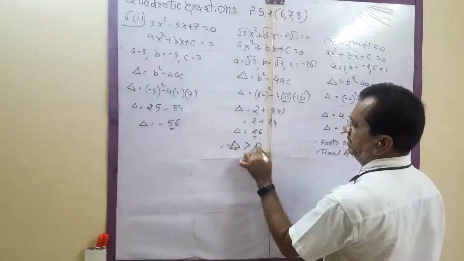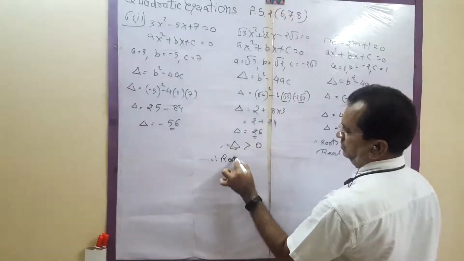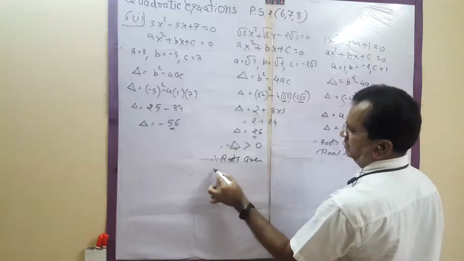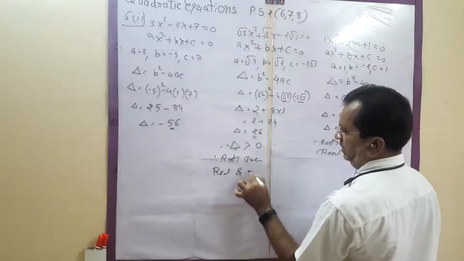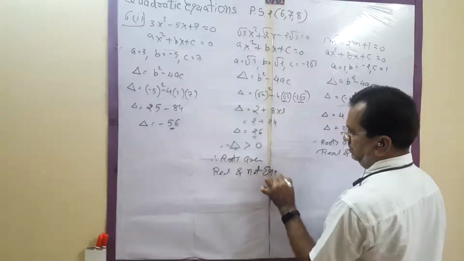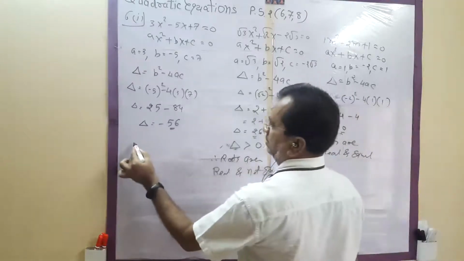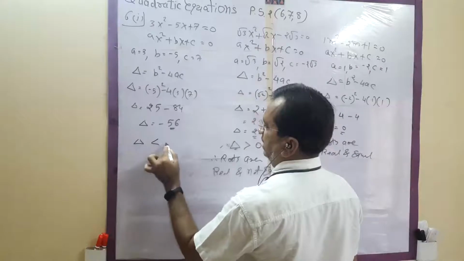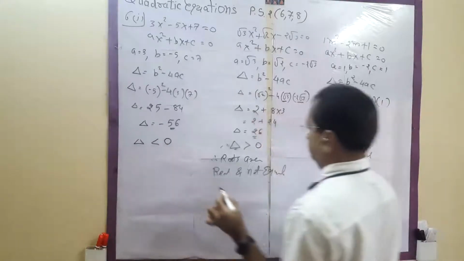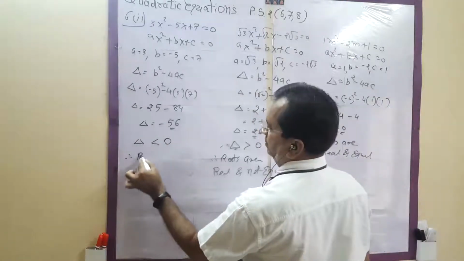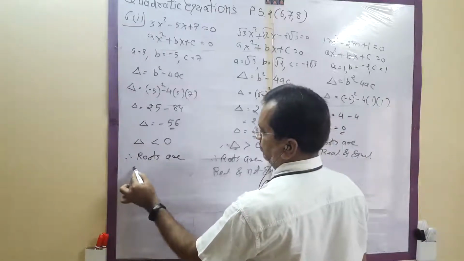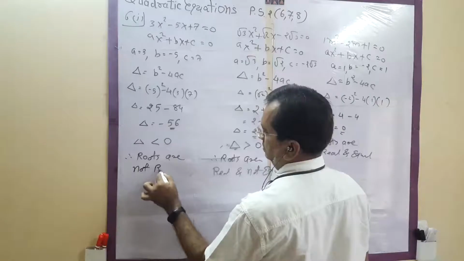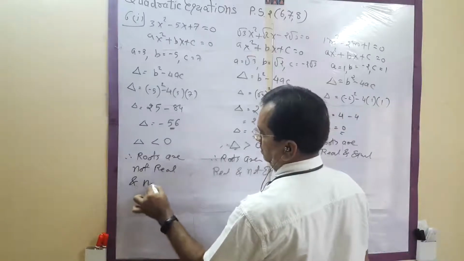When delta is greater than 0, the roots are real and not equal. When delta is less than 0, the roots are not real, not equal.